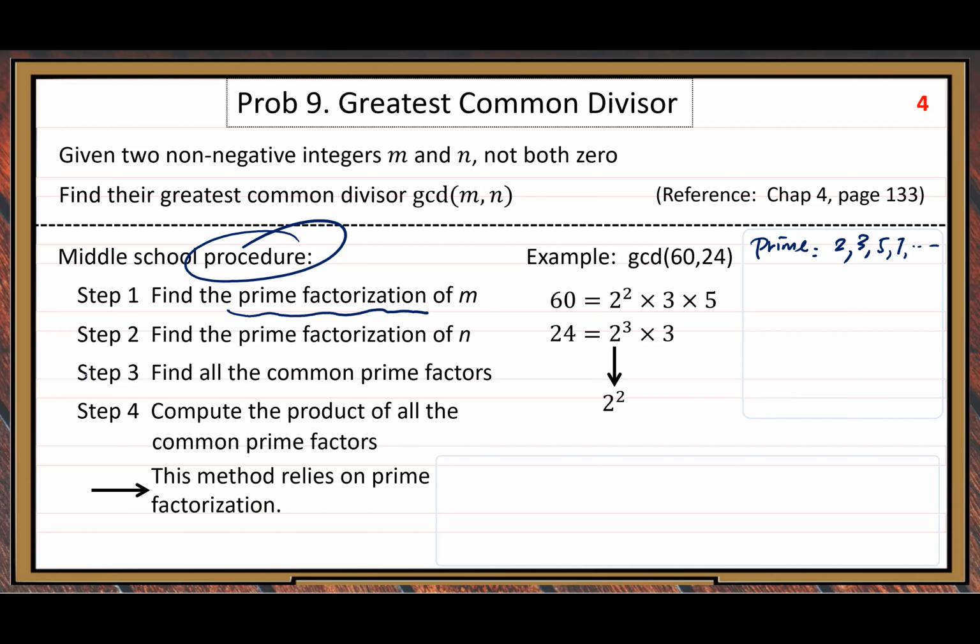From 2 squared and 2 cubed, the largest common factor as a power of 2 is 2 squared. For 3 and 3, the largest one is just 3. Then we do multiplication, we get 12. So the answer is 12. That's the middle school procedure.